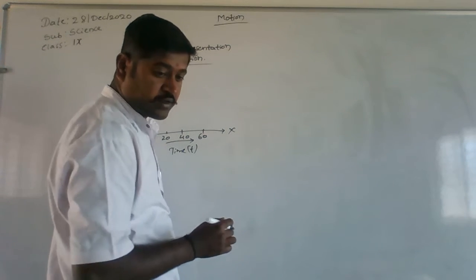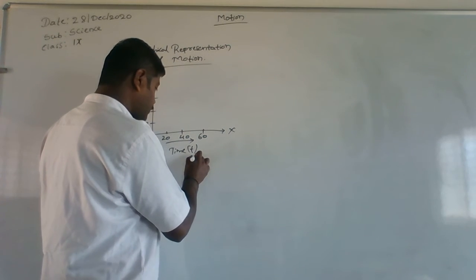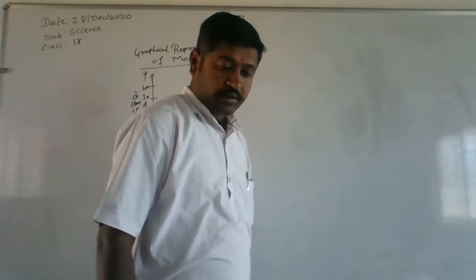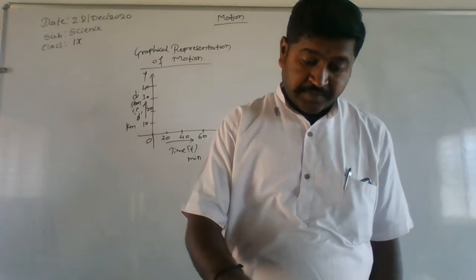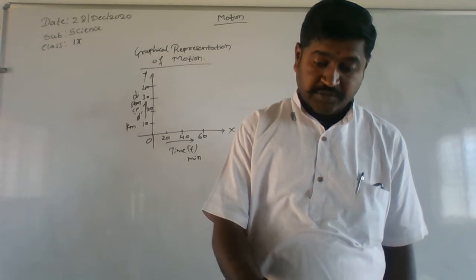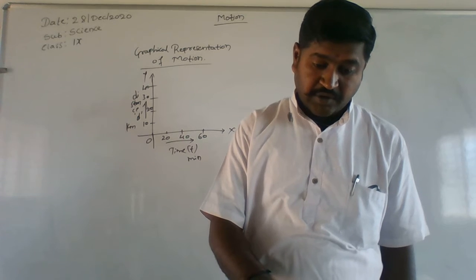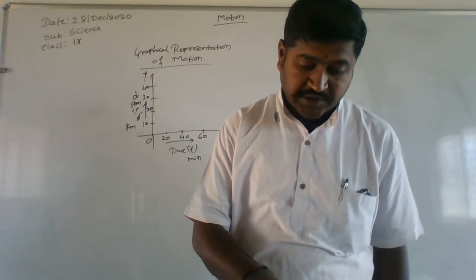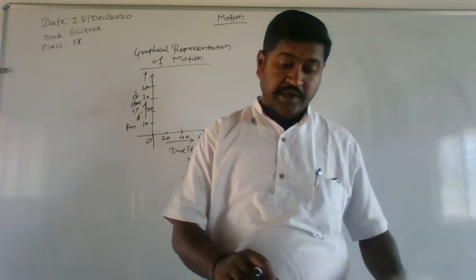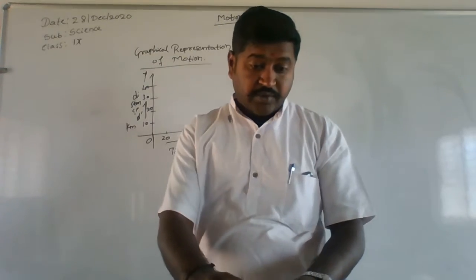Kilometers on one axis, and minutes on the other. What has it done? It has moved equal distances in equal intervals of time, right? You will notice what we have to do.